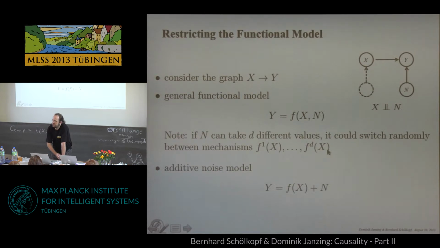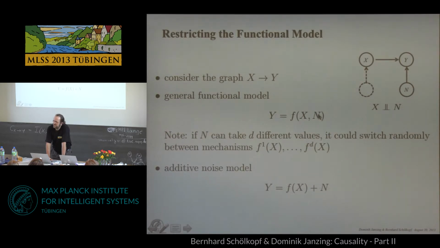It could be a continuous variable. In such a situation, if we make no assumptions on how this function of two variables depends on the noise, this can be arbitrarily complicated, and there's just no hope of learning this kind of model from a finite data set.